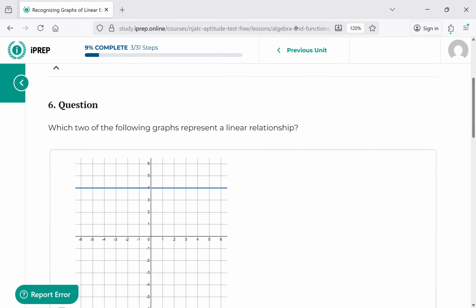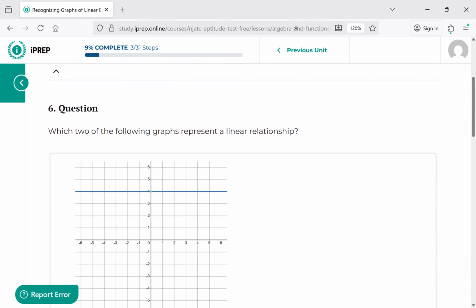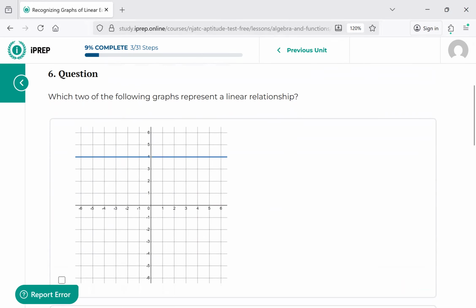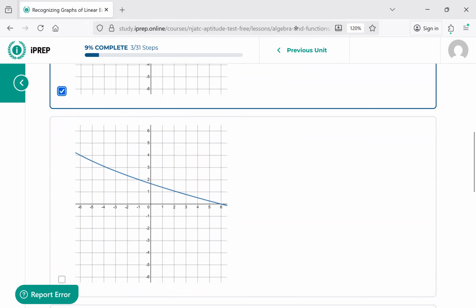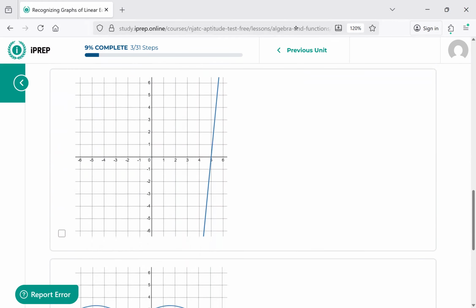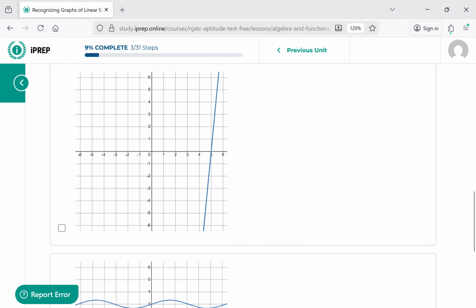Okay, what about this one? Which of the following represents a linear relationship? This one is okay. It's a completely horizontal line, so yes. This one, there's a little bit of a curve, so no. This one, okay. That looks good. It's really a higher slope, but it's still a straight line going in the positive direction.